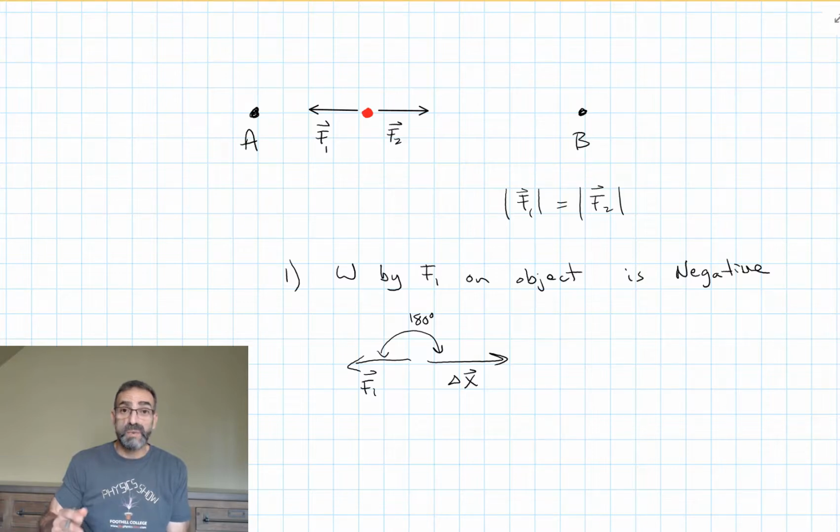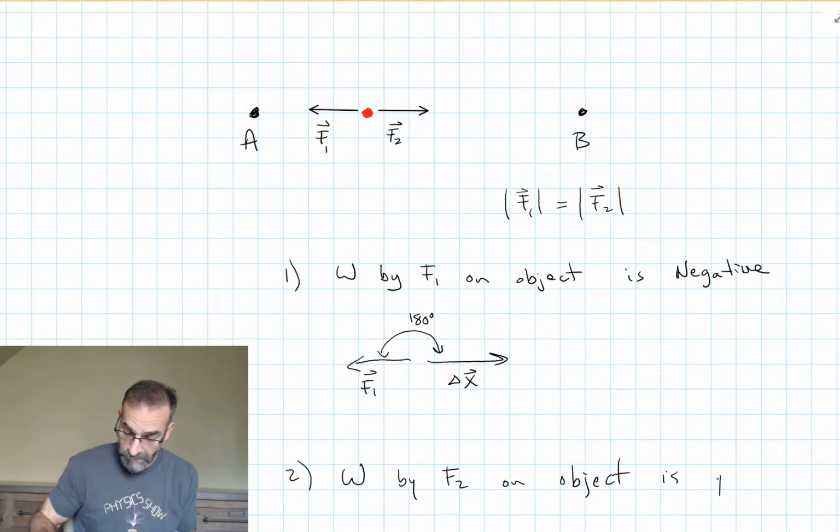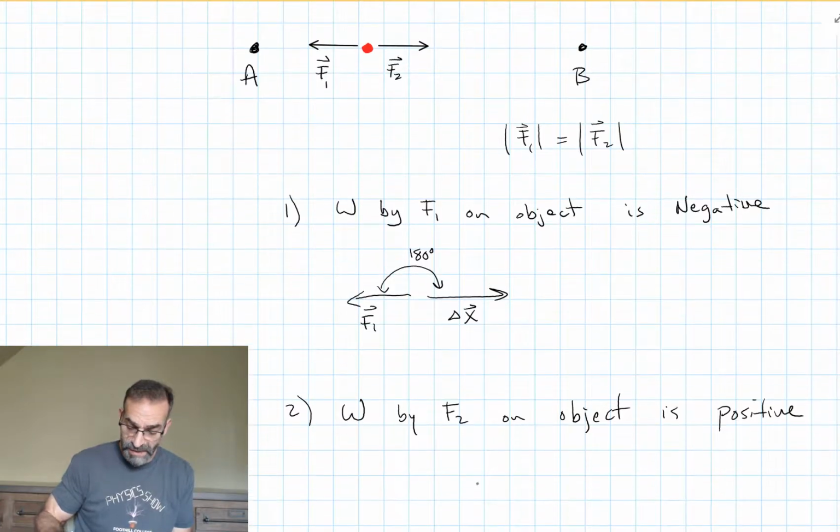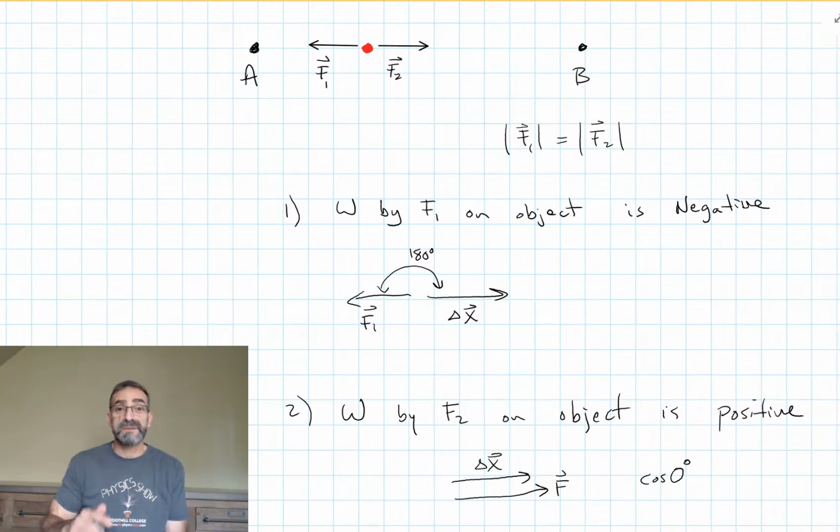Now, is the work done by F2 on our object positive, negative, or 0? Here the work done is positive. Our object is moving to the right. The force is to the right, and we have a cosine of 0 degrees, which is 1, in our formula for work.